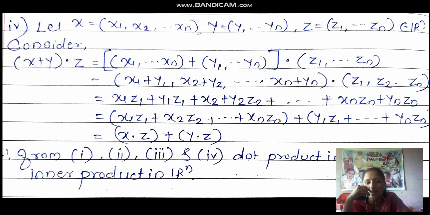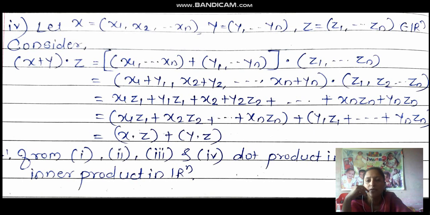That is, in the first bracket we get the dot product of x with z and in the second bracket the dot product of y with z. That is, x plus y dot z is equal to x dot z plus y dot z. So here the fourth property of inner product is also satisfied.